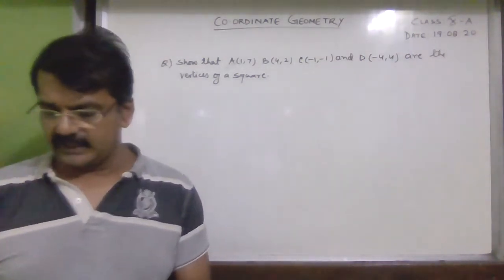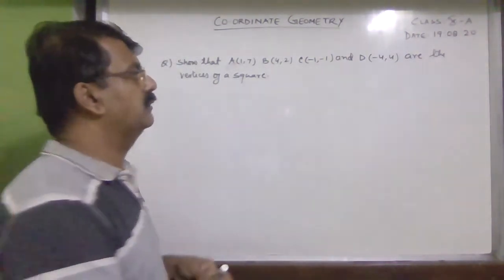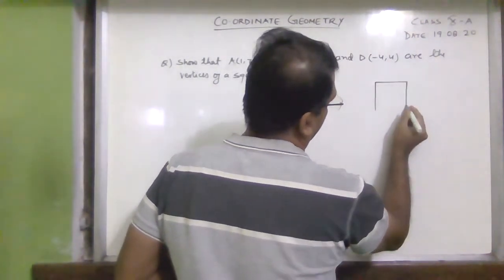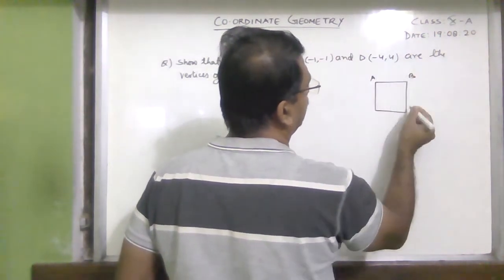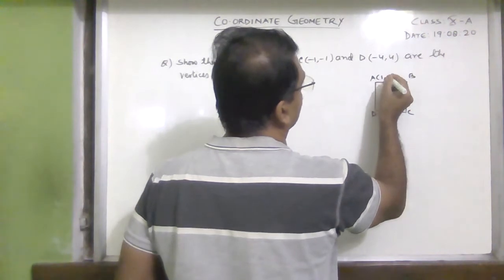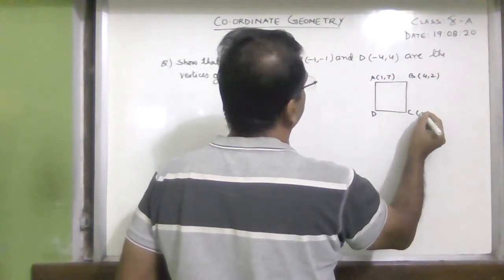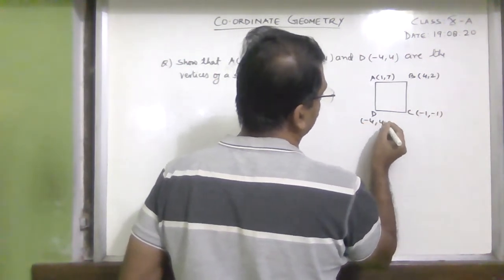Now here is a use of distance formula. All of you first pay attention. This is A, B, C, D. The coordinates of A is 1, 7, B is 4, 2, C is minus 1, minus 1, and D is minus 4, 4.